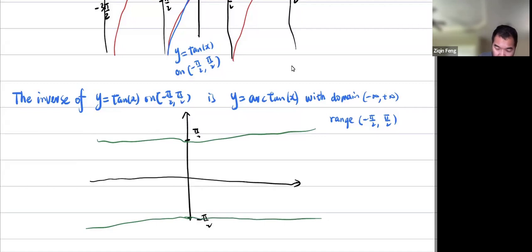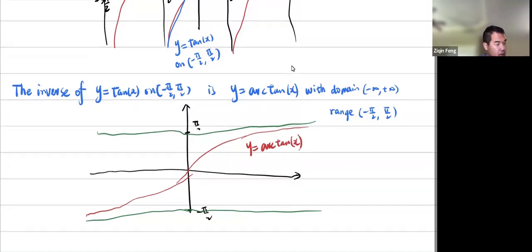The graph looks like this on the right side of 0, and on the left side of 0 it is symmetric about the origin. So this is y equal to arctangent of x.